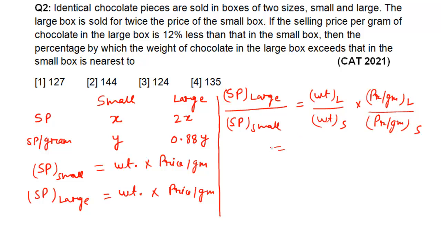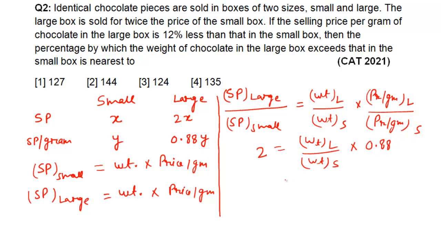Now we can put in what we have assumed earlier. Weight of large to weight of small has to be found in this particular question. Selling price of large to selling price of small is basically 2, which is twice. And price per gram of large to small is 0.88y divided by y, so basically that is 0.88.